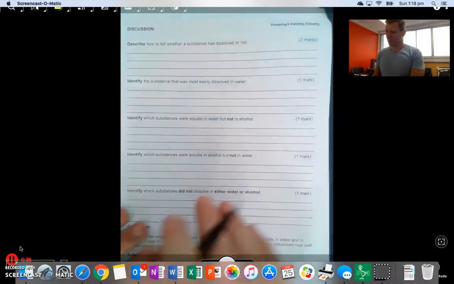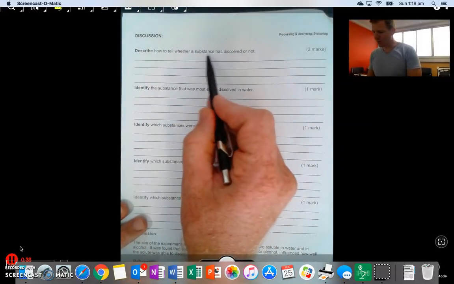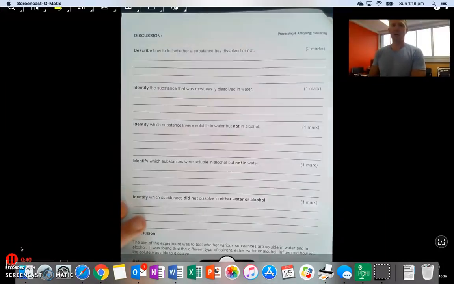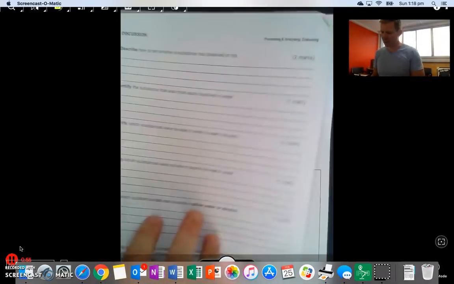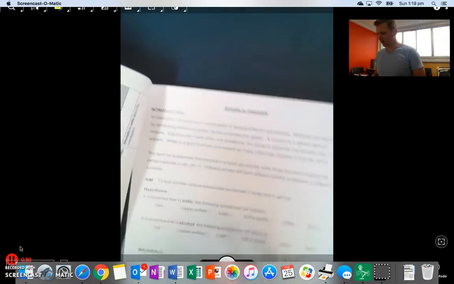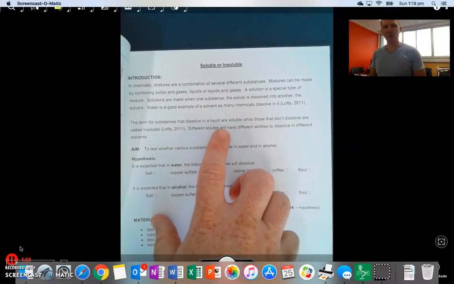Okay, so first question we'll have a look at: describe how to tell whether a substance has dissolved or not. When you read it, it doesn't actually ask you about the results. It asks you how you'll determine the results. So how will you understand when something has dissolved? Think about the background information. If we go back to the introduction, in this case it was given to you, but normally you would write it.